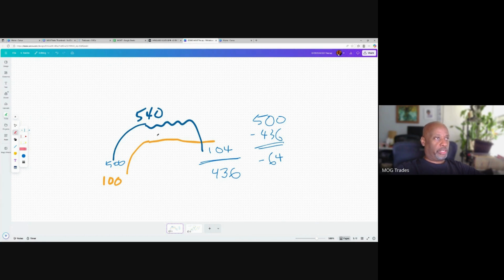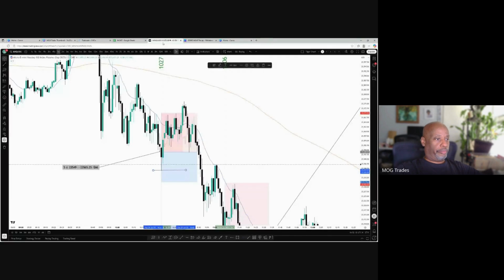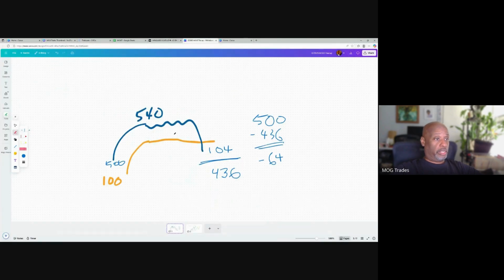When I went into drawdown here, that's where I went into drawdown, right around here. Cursor's really small, sorry about that. And then as soon as I hit the trailing drawdown, it stopped me out, stopped the deal.